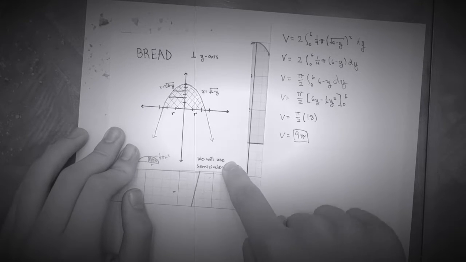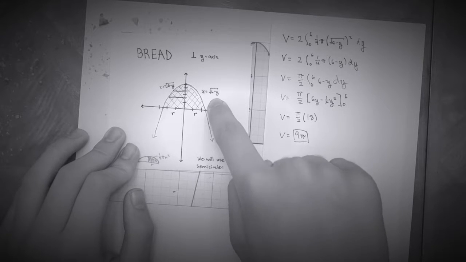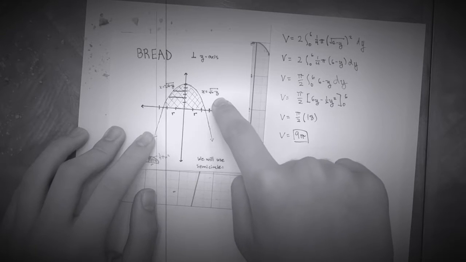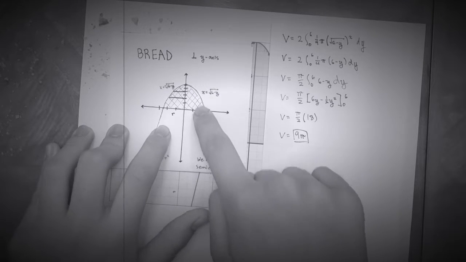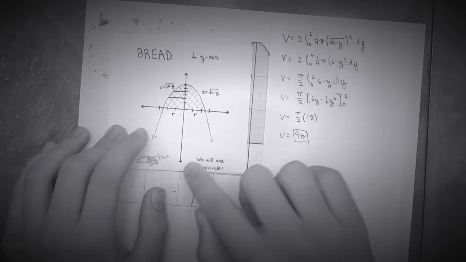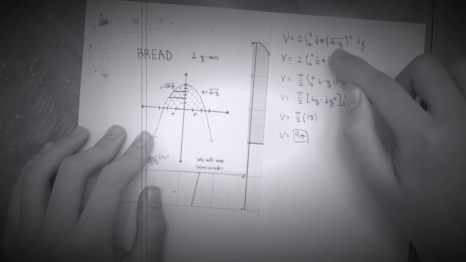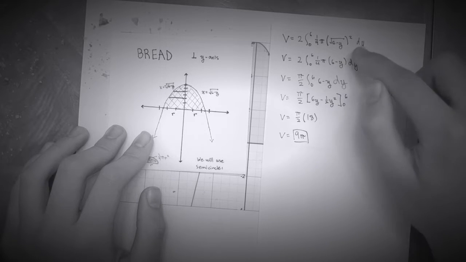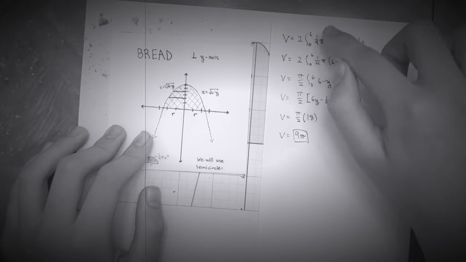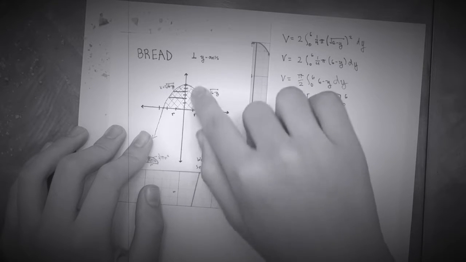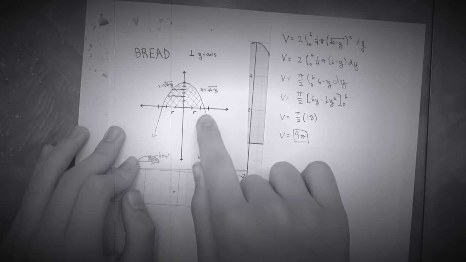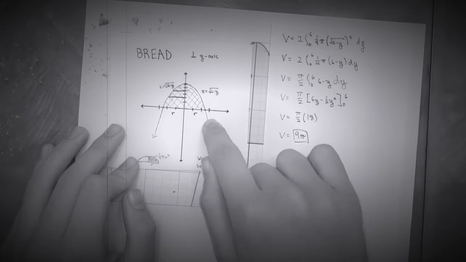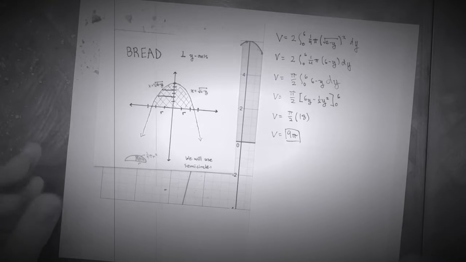That r is actually represented by the square root of 6 minus y, because the r length is defined by that function at all of these points. So we're going to substitute r with the square root of 6 minus y, and that's squared, and it's between all values 0 to 6 of y. But we have to multiply this by 2 because we have 2 quarter circles, one on each side. And so that's one of the cool ways you can represent this function.